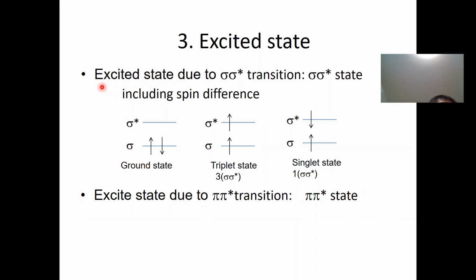So let's start from the excited state if you have a sigma bond case. What we are thinking about now is a C-C bond connected with a sigma bond.